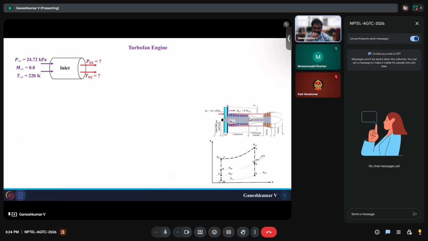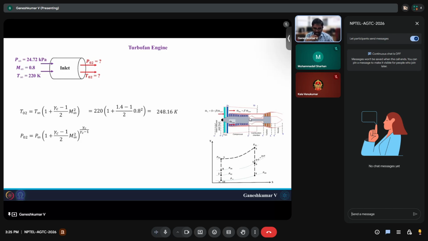All right, so the first component is the inlet. We know that the air enters at Mach 0.8, with P infinity of 24.72 kilopascal and T infinity of 210 Kelvin. Since it's an isentropic process, you can directly find T naught 2, which is going to be 248.16 Kelvin.